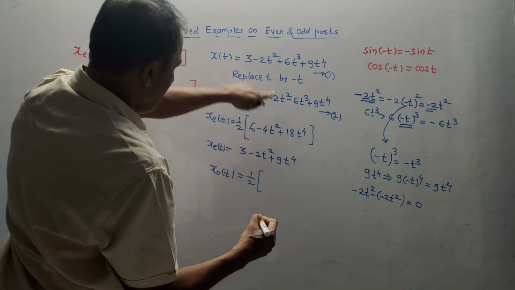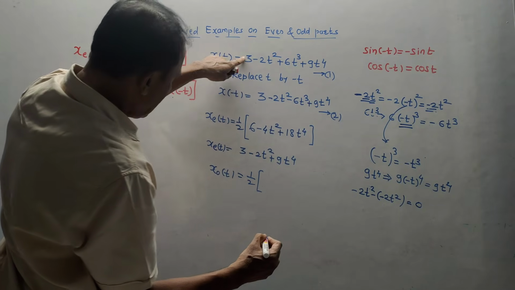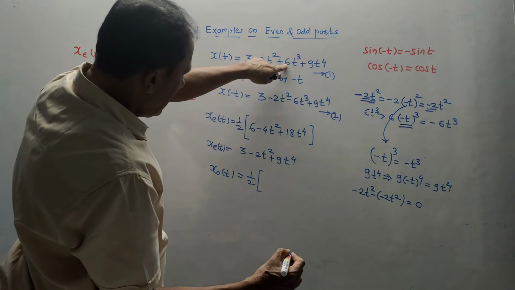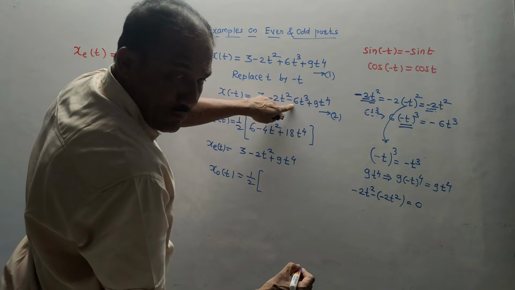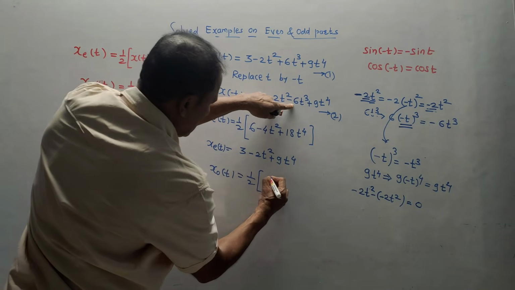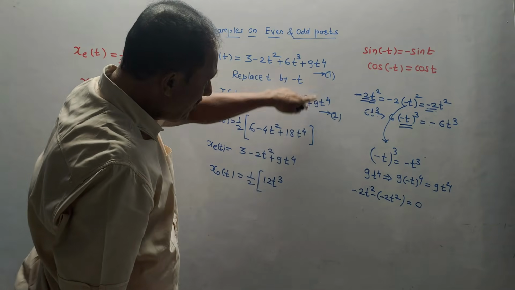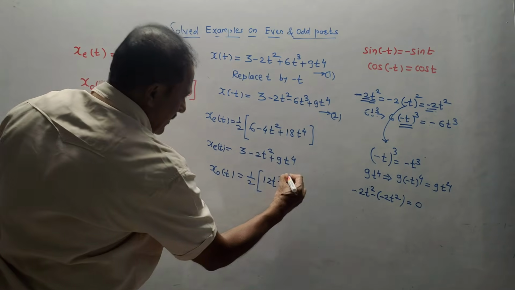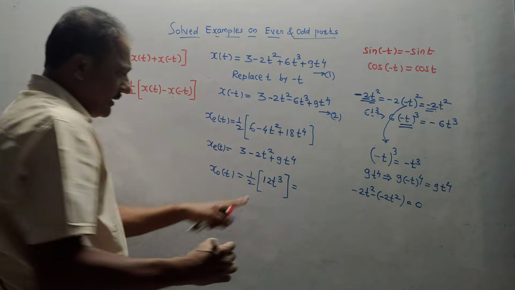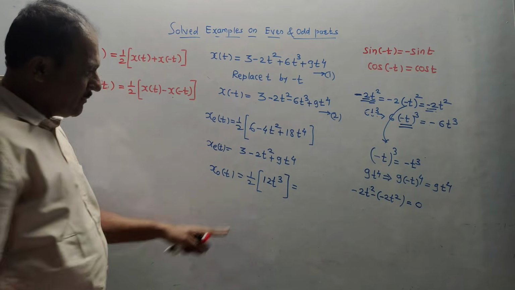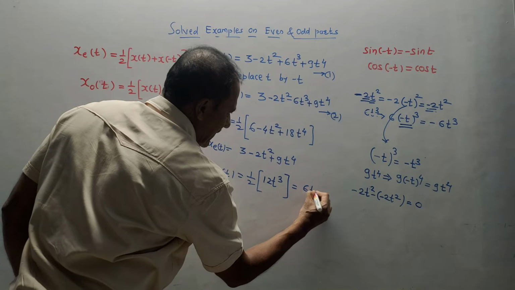So the second term becomes 0. Next term, 6 minus of minus 6: minus of minus becomes plus, so it is 12t cube. Last term, plus 9 and minus 9 become 0. So only one term is remaining. Outside this bracket I have 1/2, so the answer is 6t cube.